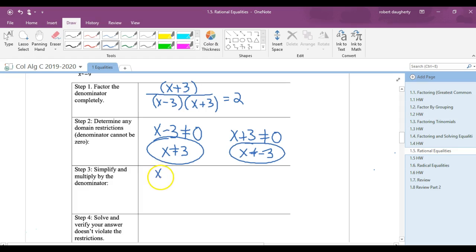So when I get to here, this is x plus 3 over x minus 3, x plus 3 equal 2. So x plus 3 over x plus 3 is 1. So this whole problem turns out to be 1 over x minus 3 equal 2.